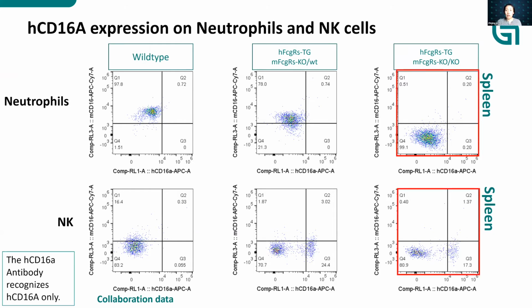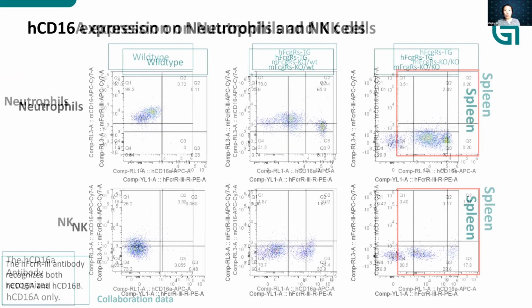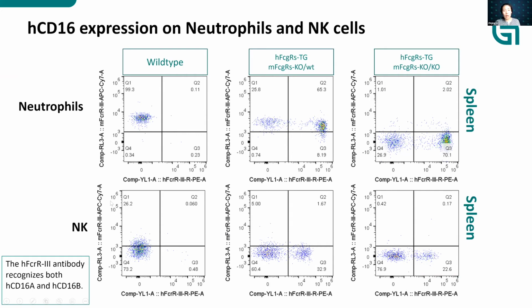So we asked the same question. What we did is we know in both humans and mouse, neutrophils are supposed to express the 16B, which is 3B in the human situation. So now, instead of using a 16A specific antibody, we use a different antibody which can recognize both 16A and 16B. So we use that antibody to see whether we can detect neutrophils and still be able to detect the NK cells.